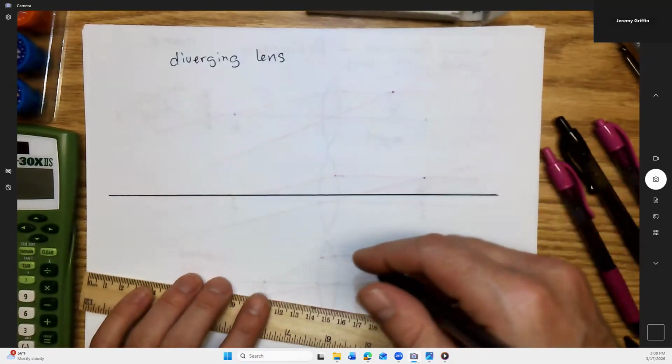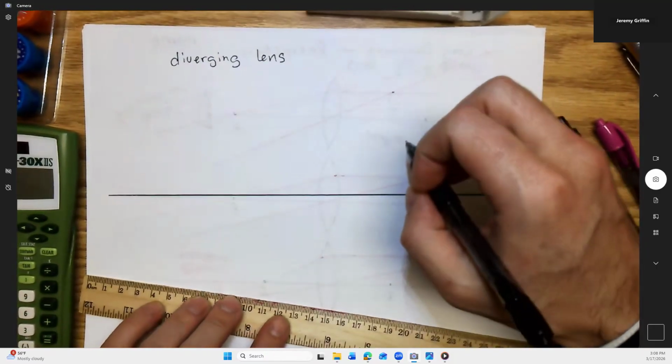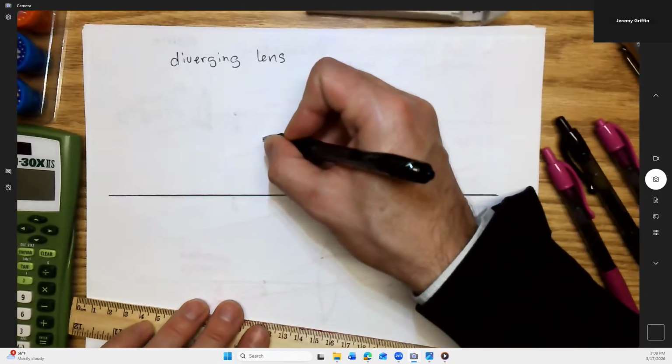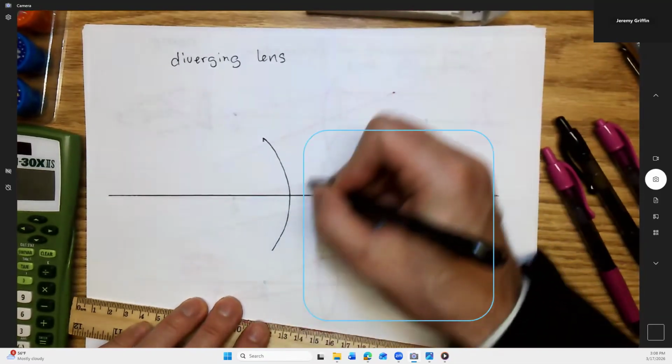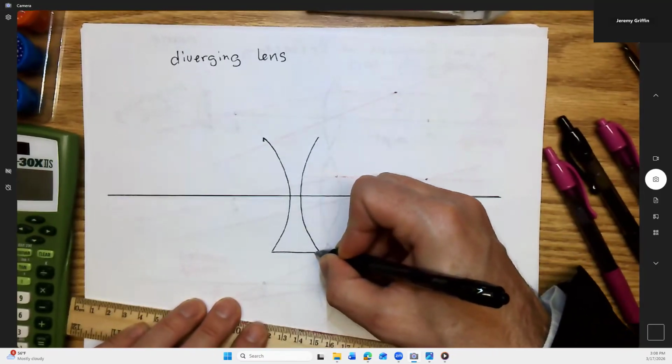Okay. Well, if converging looked like this, what do you think diverging is going to look like? Yeah, instead of fat in the middle and skinny at the ends, it's going to be the opposite way. It's going to be skinny in the middle and fat at the ends, like this.